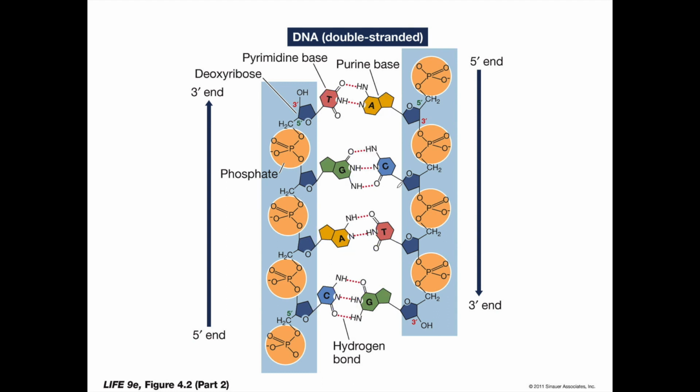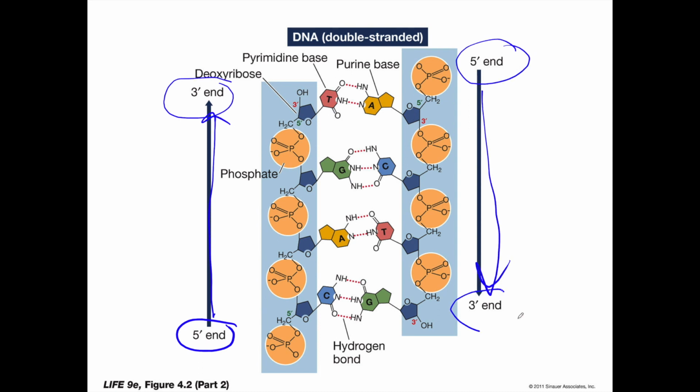Now, if you look at the DNA double helix, it looks like the two strands, like this strand here and this strand here, are parallel to each other. They're running side by side. But they're not actually parallel. What they actually are is called anti-parallel. What that means is one piece of DNA is going from 5' at the bottom to 3' at the top. The other piece of DNA is going from 5' at the top to 3' at the bottom.